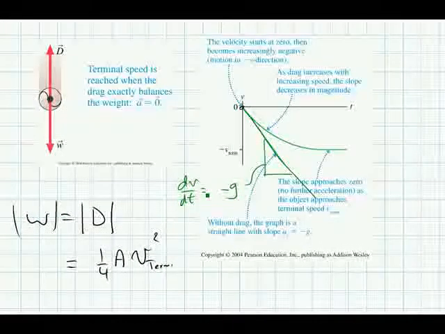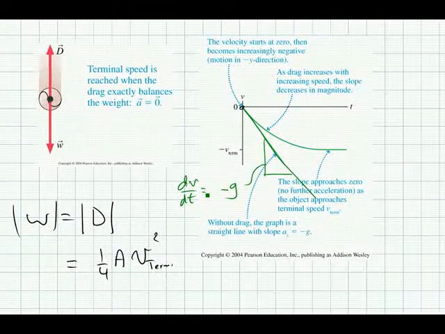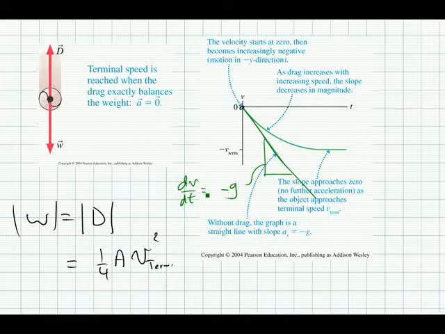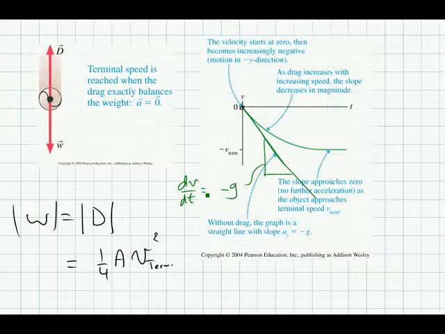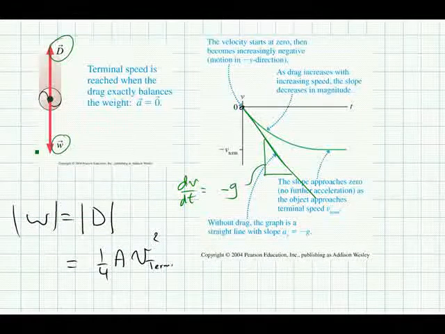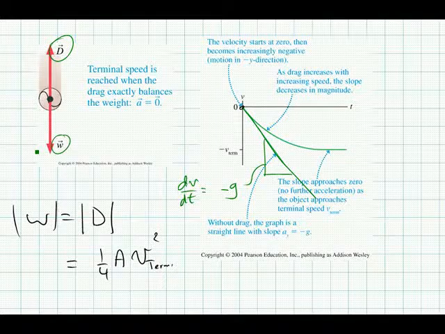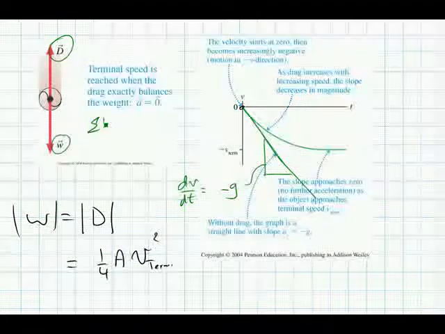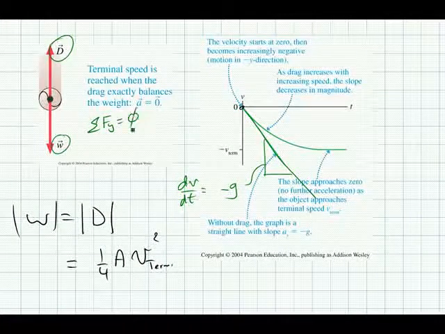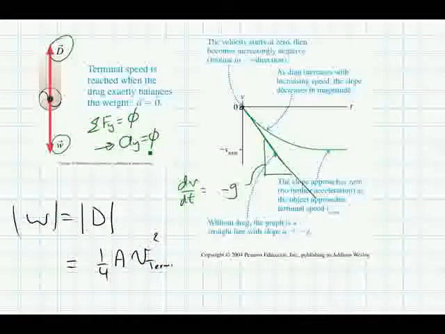But if there is air resistance, as the velocity increases, the magnitude of drag increases, which means that there will reach a time when drag equals weight in magnitude, but of course they are pointing in opposite directions, which means that the net force in the y direction on the object becomes 0, which leads to acceleration in the y direction becoming 0.